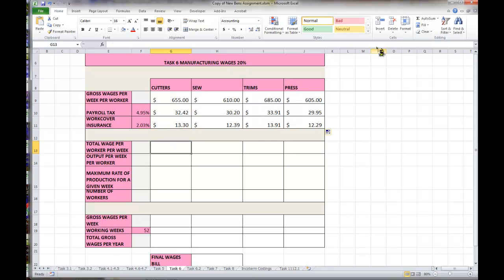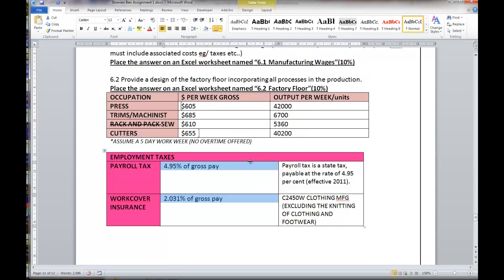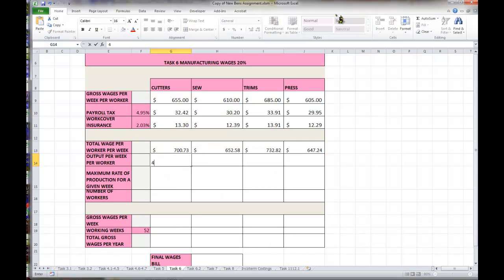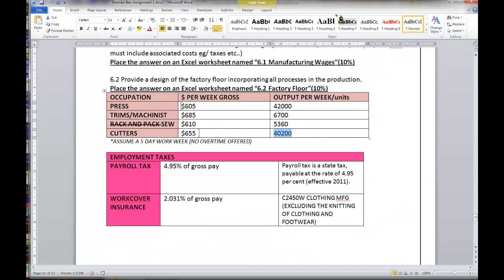Therefore your total outlay per week is a sum of those three, and output per week per worker is the productivity of your staff. So I have a cutter that can cut, or I expect my cutters to cut 40,200 pieces a week.